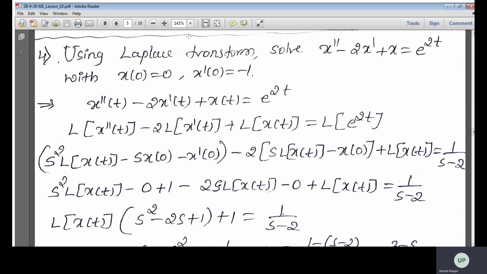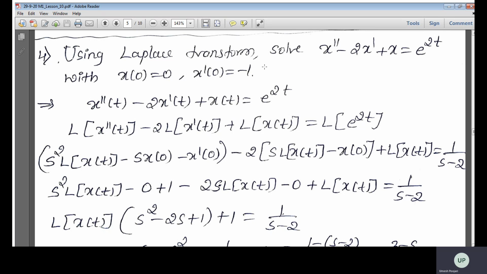See the 4th example. Using the Laplace transform, solve x double dash minus 2x dash plus x equal to e power 2t, with the conditions x of 0 equal to 0, x dash of 0 equal to minus 1. Understand the difference between this example and the previous one. In the previous example we had y double dash minus 2y dash plus y equal to e raised to t, where y dash is dy by dt, y is the dependent variable and t is the independent variable.